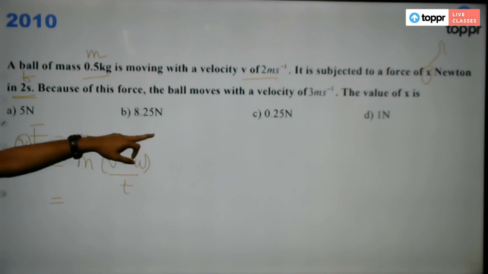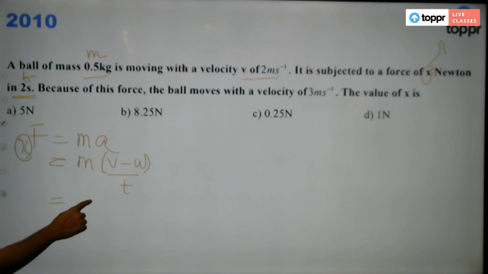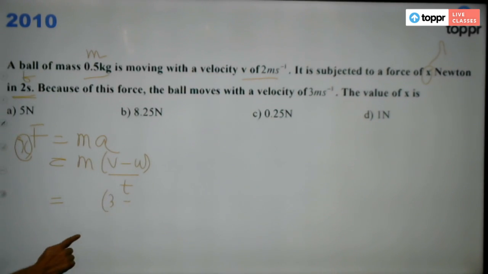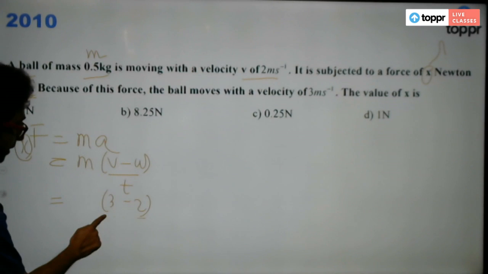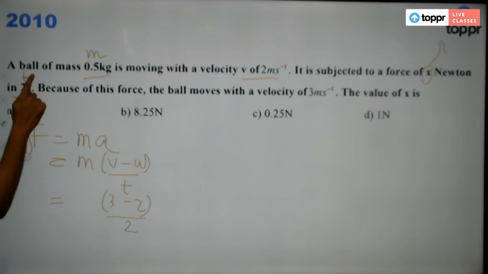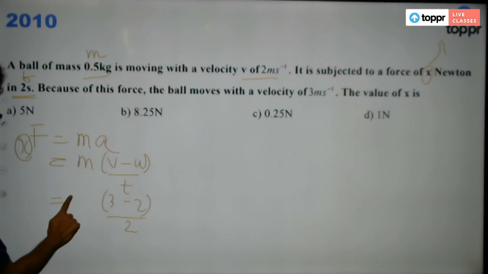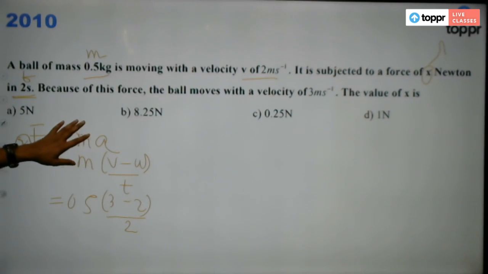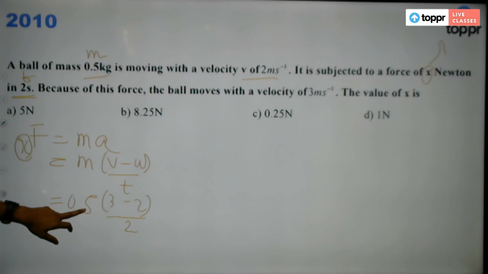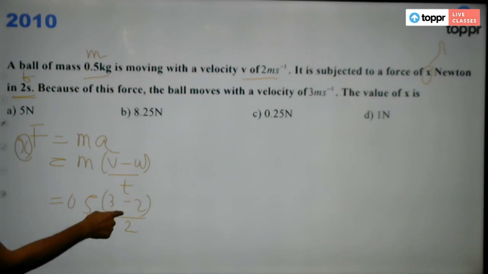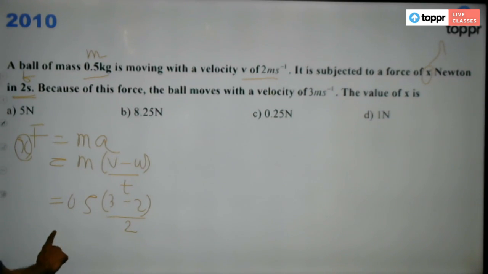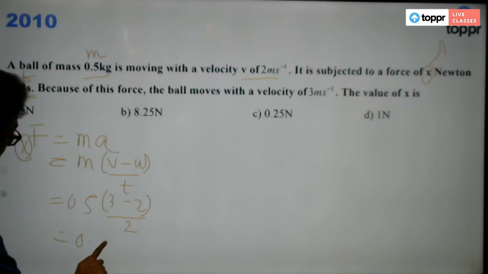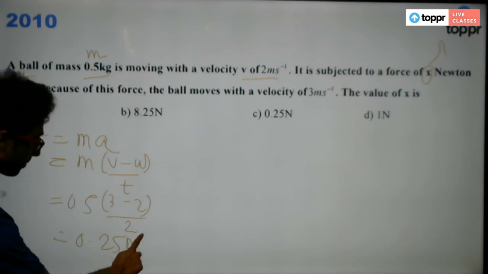See, everything is given. Final velocity is 3, initial velocity is 2, time is 2 seconds, and mass is given 0.5 kg. I think I haven't made any mistake in the units. So 0.5 times 1 by 2, it's nothing but 0.25 Newton.